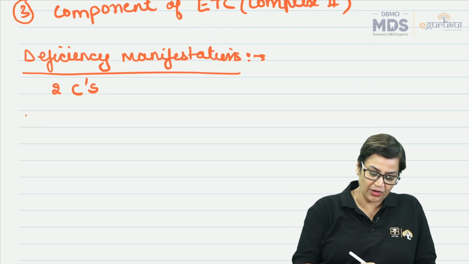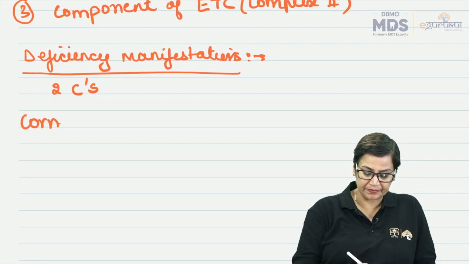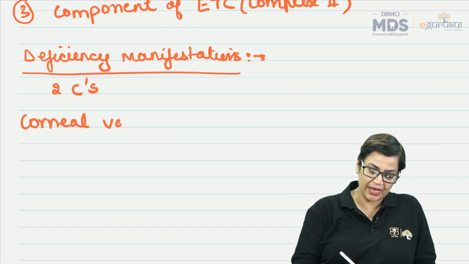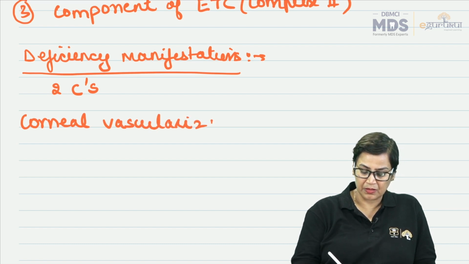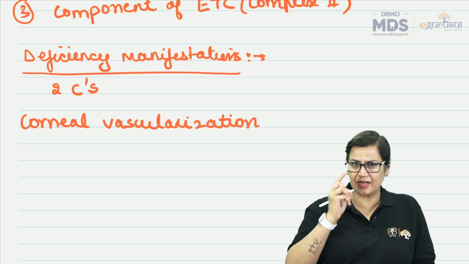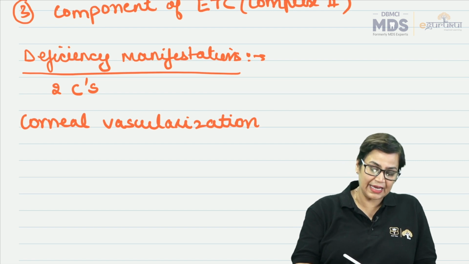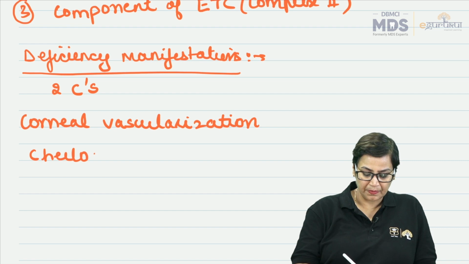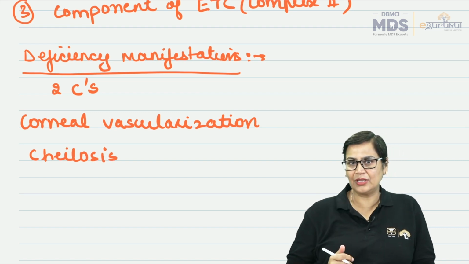One C stands for corneal vascularization. Right, there is a redness in the cornea. Second C stands for cheilosis. Cracks are there on the lips.